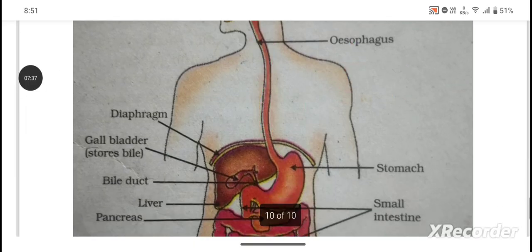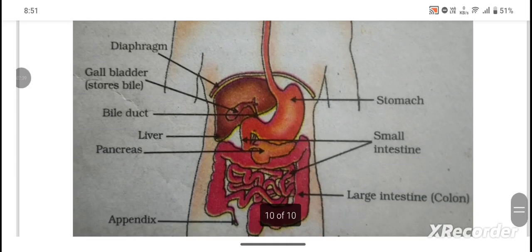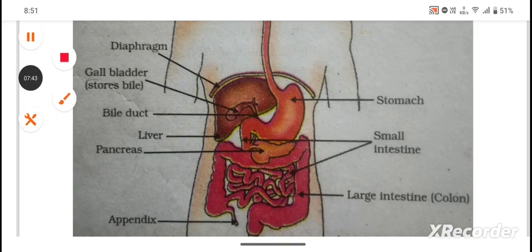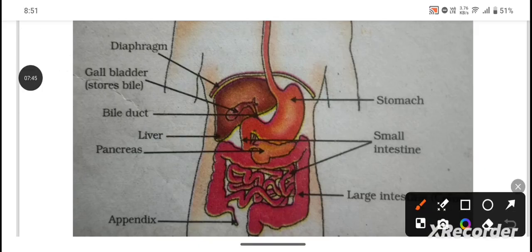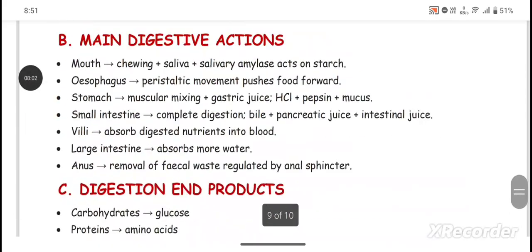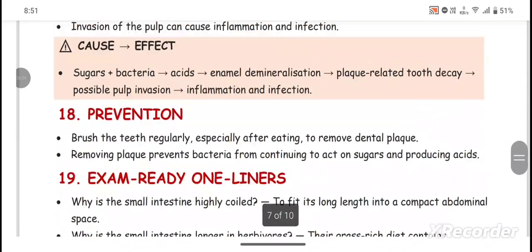And the stomach is a large, sac-like structure in which the food is stored. It is a bag-like structure which expands when the food enters it, and the stomach consists of some enzymes which help in the process of digestion. So let's understand digestion in the stomach.